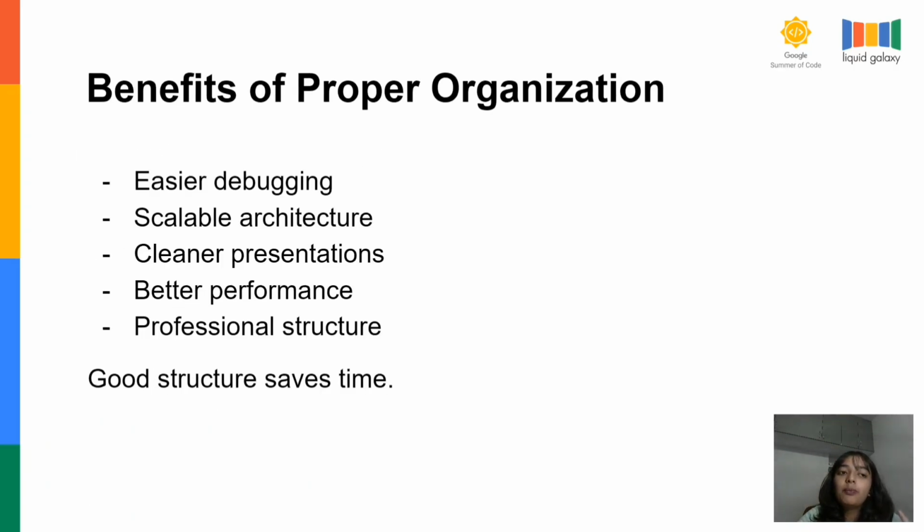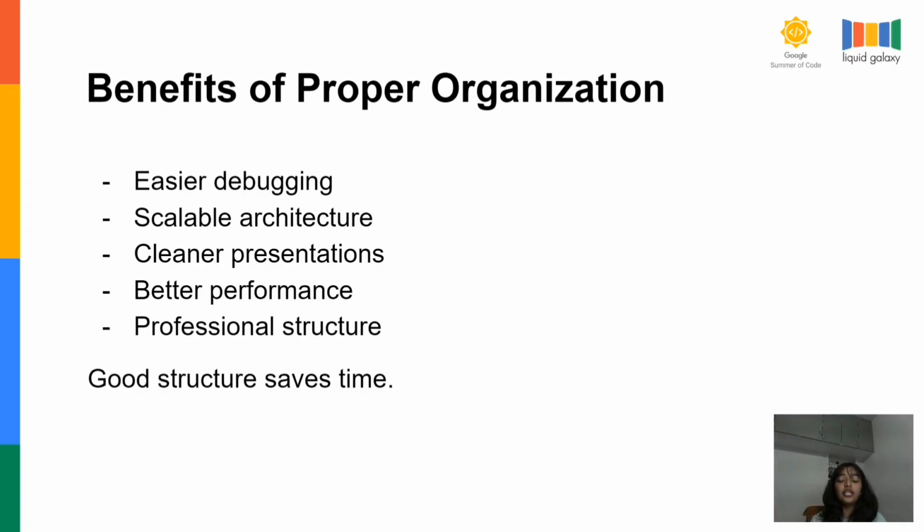Benefits of proper organization. The cumulative benefits of what we have discussed today are clear. You get easier debugging because your code is modular, and you get scalability because your architecture is ready for more data. You get professional grade performance because the system isn't overtaxed.